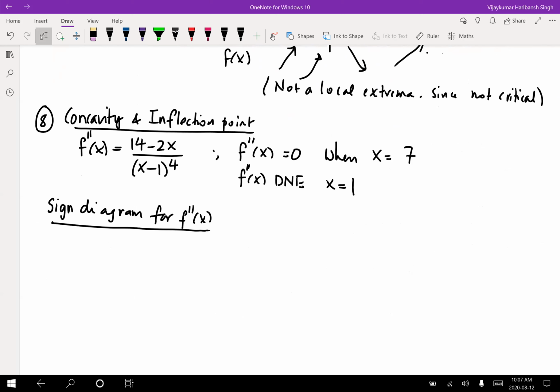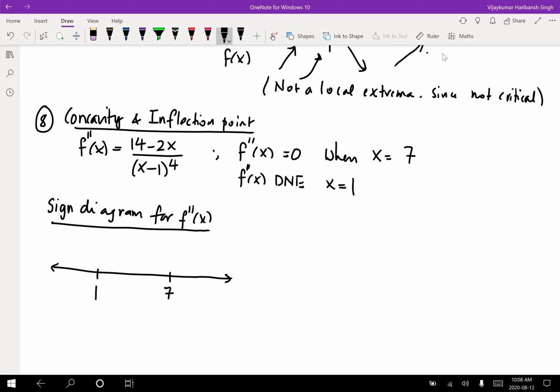So for that, what you do, you draw a straight line, mark where the numerator is becoming 0, which is at 7, and the denominator at 1. So before 1, let's take a value, say 0. You'll see that the denominator is always positive, so it will not participate in changing the sign. It's only the numerator.